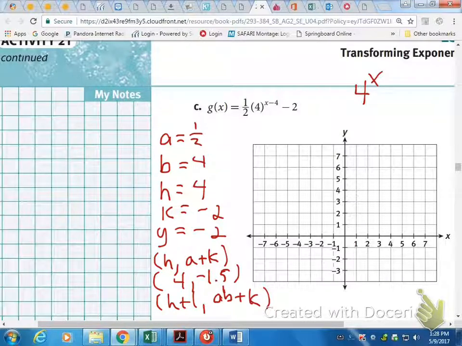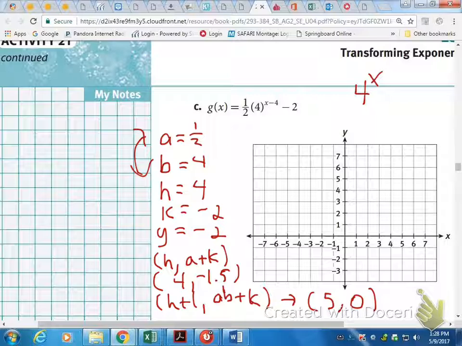And then for your second reference point, we're going to add a 1 to the 4, which gives us 5. Now, what happens when I multiply the a times the b? 4 times a half is 2, and then I'm going to add that to the k, which is negative 2, and so that would give me a 0.